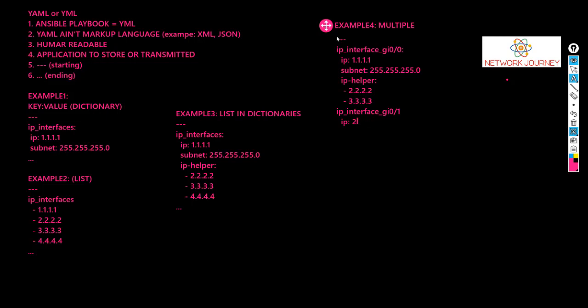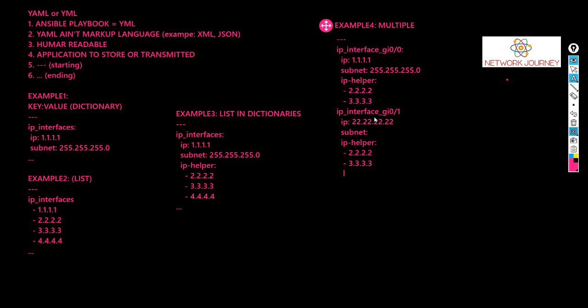So now we can give it as 22.22.22.22. I can give the subnet, right? I can make use of IP helper, and I can assign the same IP helper if they are still the relay DHCPs, 3.3.3.3 and whatever. So this is one more format of keeping them.